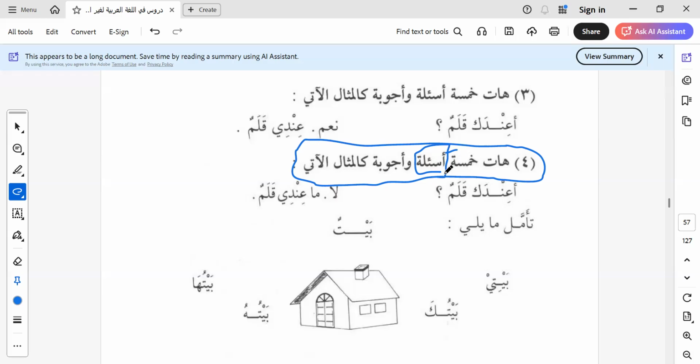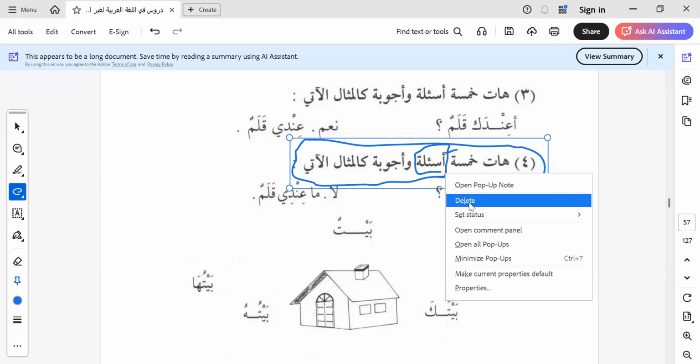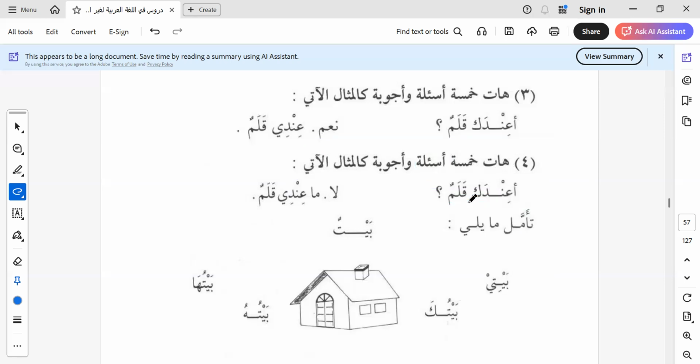If you remember, when I taught you the numbering system, this word is as-ilatun. Can you repeat as-ilatun? As'ilatun. Beautiful.